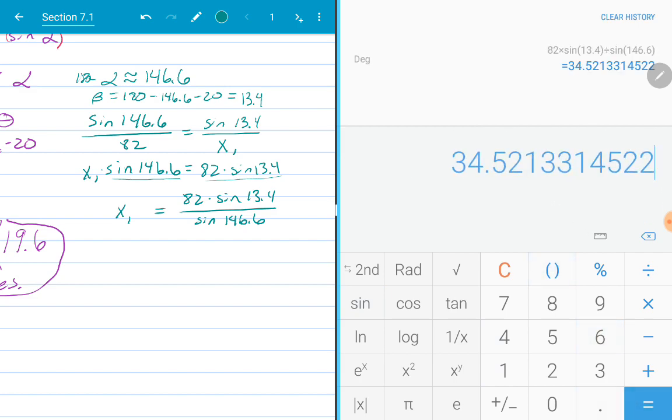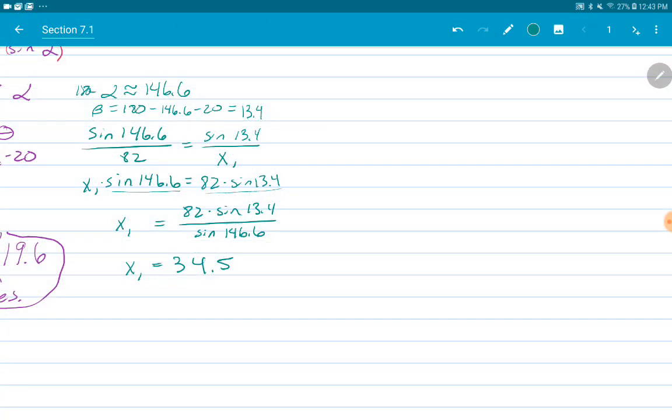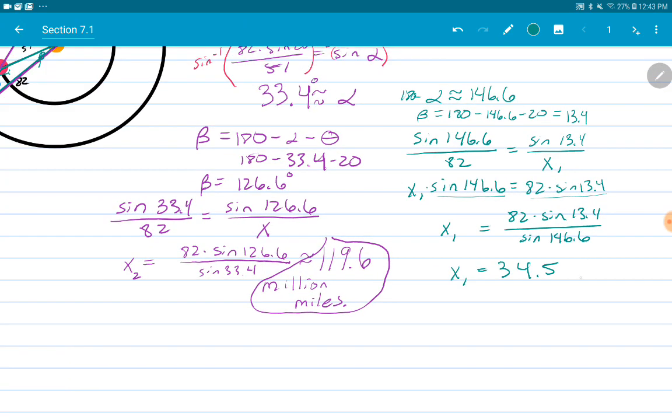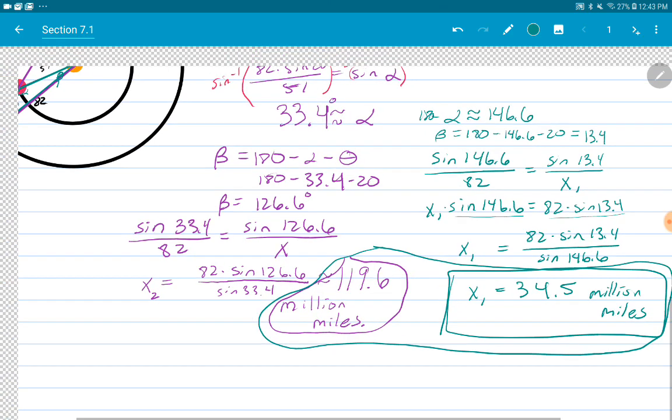And we get the shorter distance, which is x equal to 34.5, and it's still in the same units. So that's million miles. So there's the other solution. So together I have the longest and the shortest distances between those two planets.